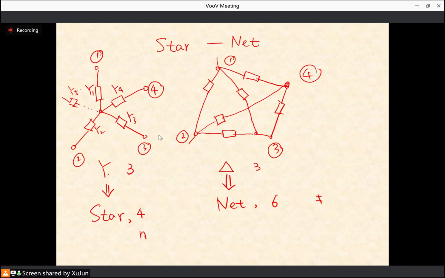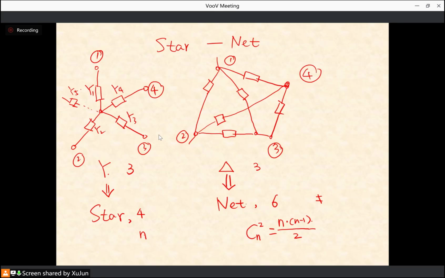For an n-node star connection, in the net connection, the number of components will be n(n minus 1) over 2. What does this express? From the n nodes, we choose any 2 nodes, C(n,2). So it's n(n minus 1) over 2.